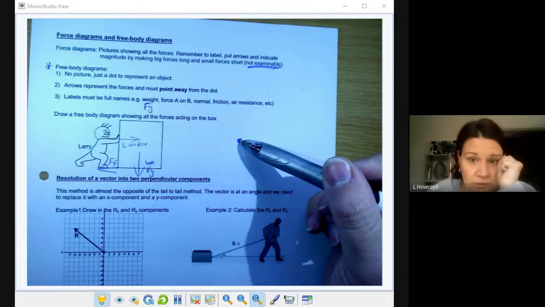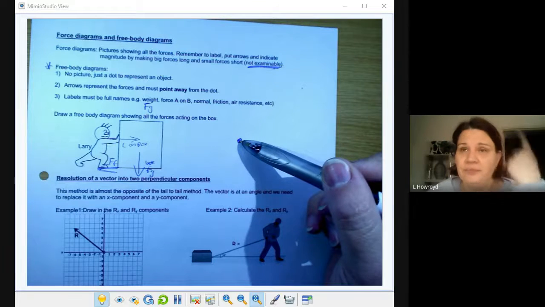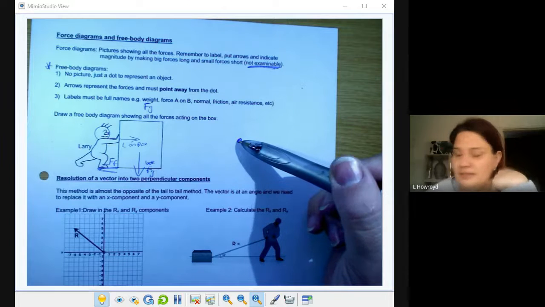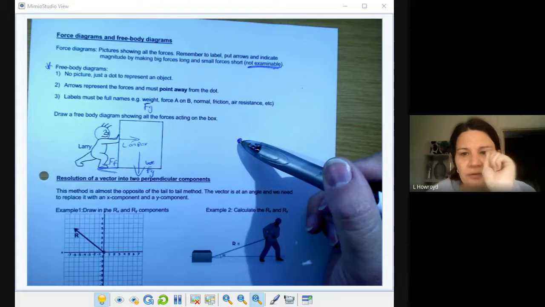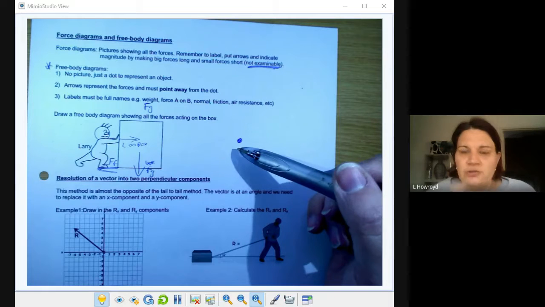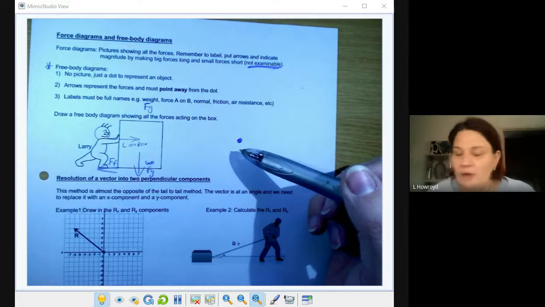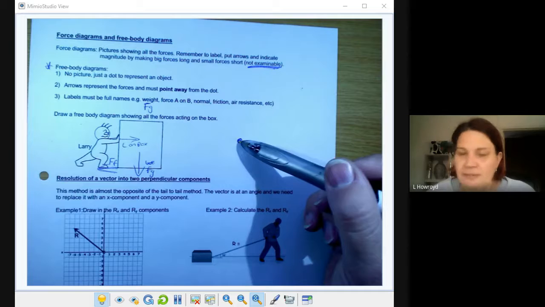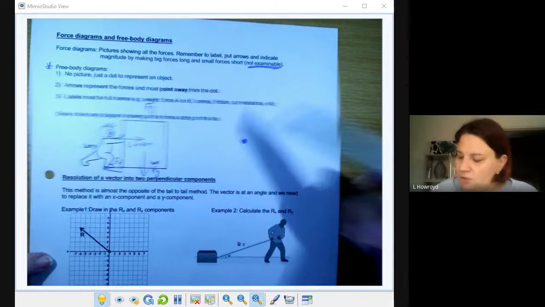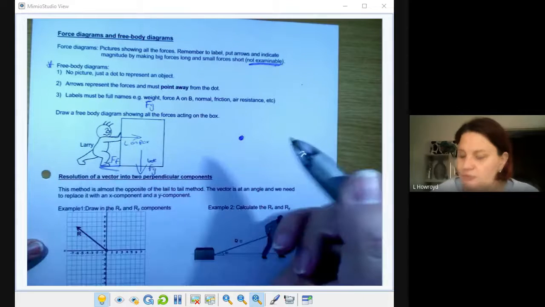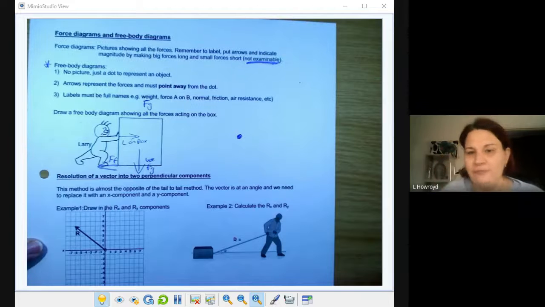Last year, I'm hoping this is ringing bells, I would say, let's look at the forces on the box, or the forces on this person. We picked one person or one object all the time, and that was made your dot. Remember, you always point away from the dot.